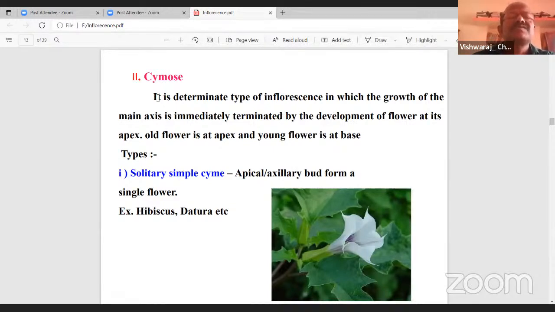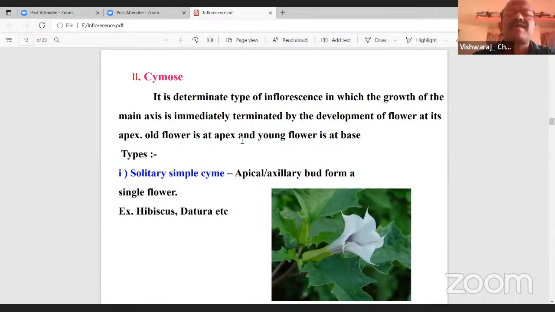Cymose inflorescence is a determinate type of inflorescence in which the growth of the main axis is immediately terminated by the development of a flower at its apex.